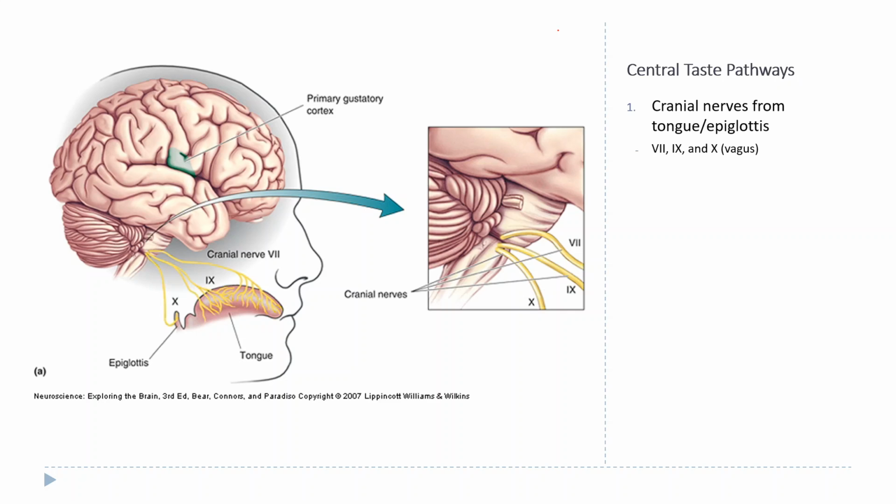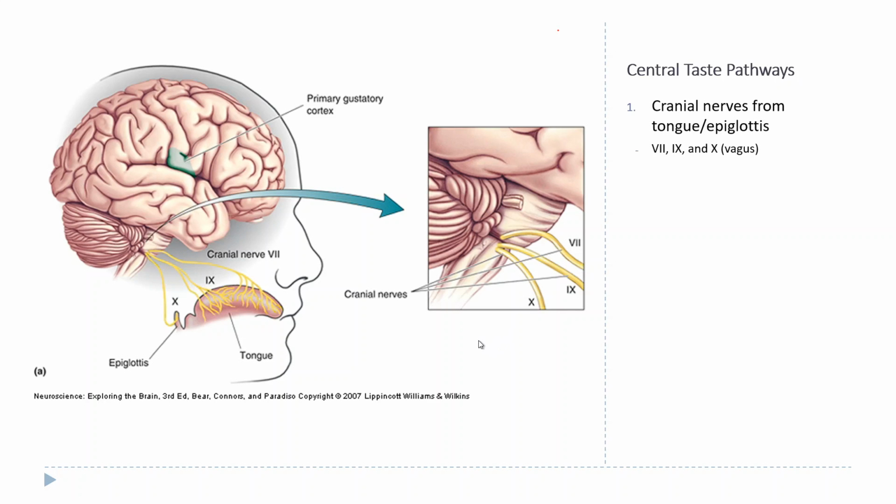So once a taste receptor is activated, it sends a signal to the brain through what's called the central taste pathway. This is how all sensory systems work. There's a sensory receptor somewhere in the body, and that sends information along a nerve to the central nervous system, either directly to the brain through one of the cranial nerves or through the spinal cord.